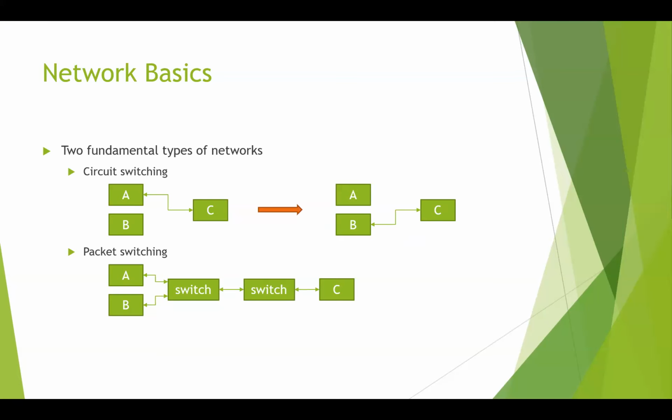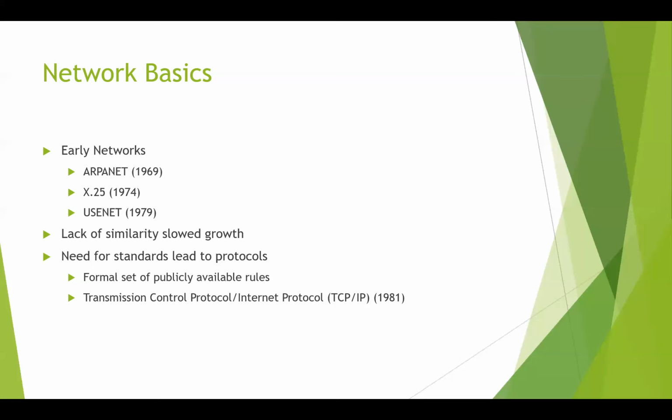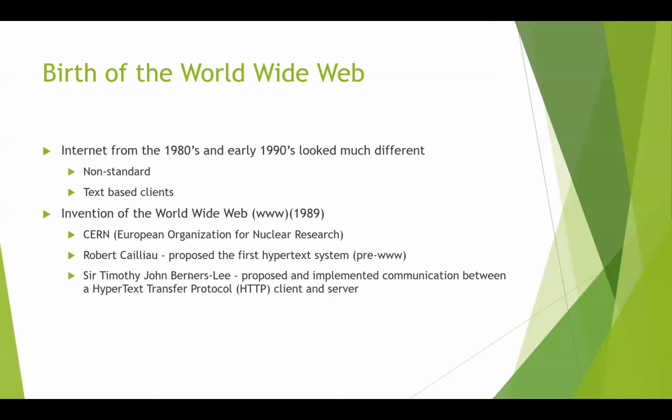But the idea is that we would have this Transmission Control Protocol and Internet Protocol that would help at both the hardware layer, ultimately the MAC address layer, and then at the application layer, allowing these earlier networks to communicate and ultimately causing significant growth in the internet.